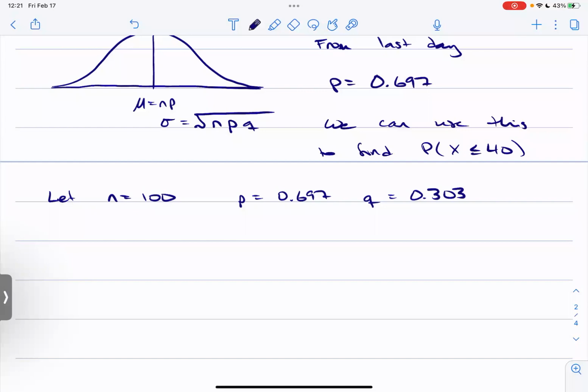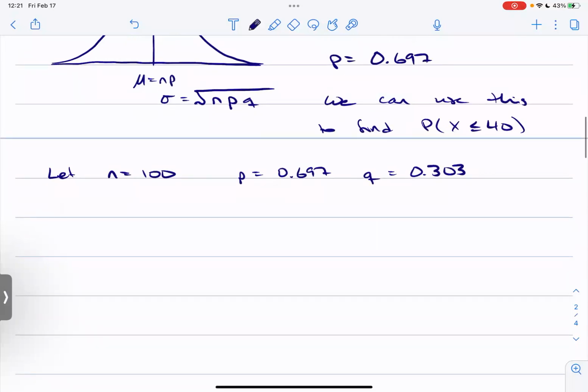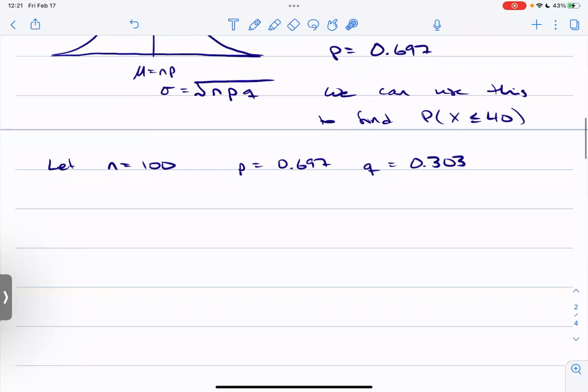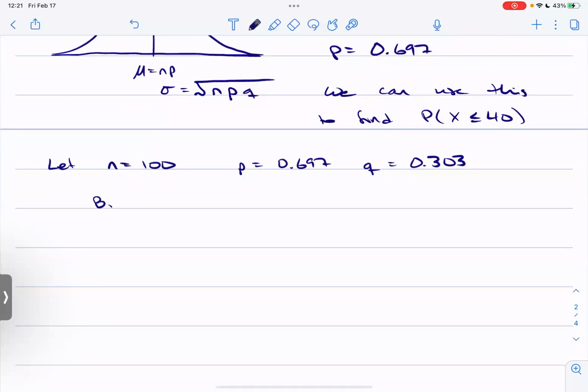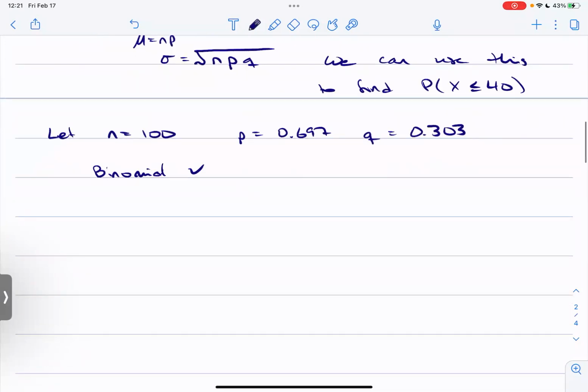Okay, so now I want to use the normal approximation to the binomial, which means I need to check 2 additional conditions. I've already confirmed that this is a binomial, check.